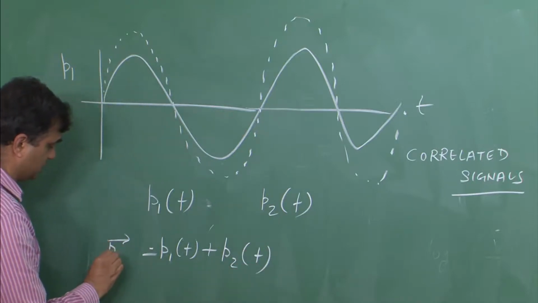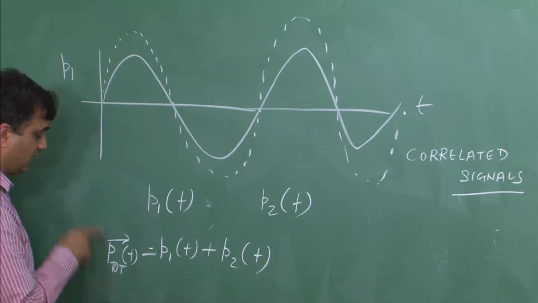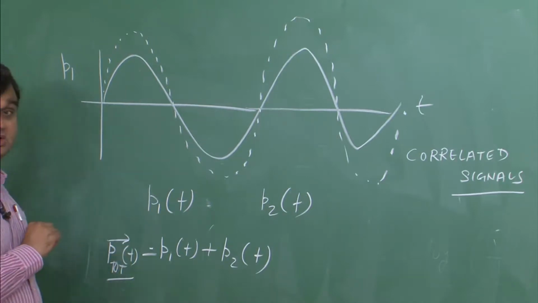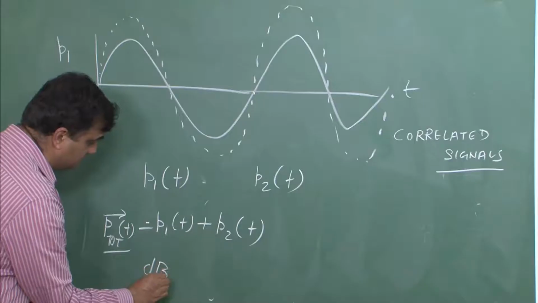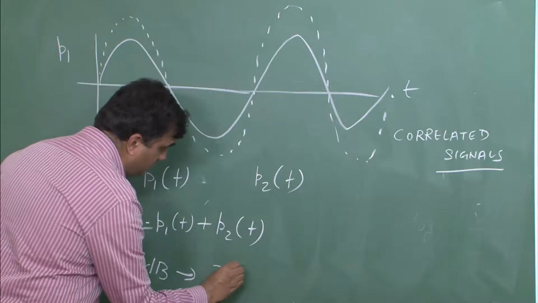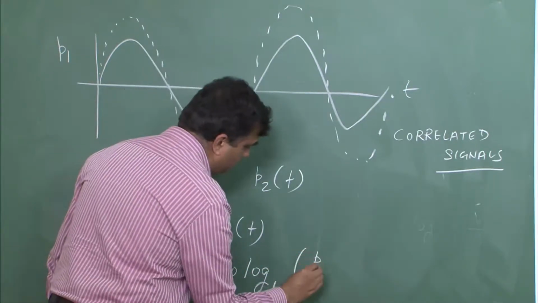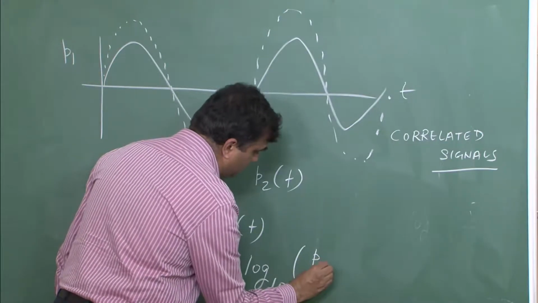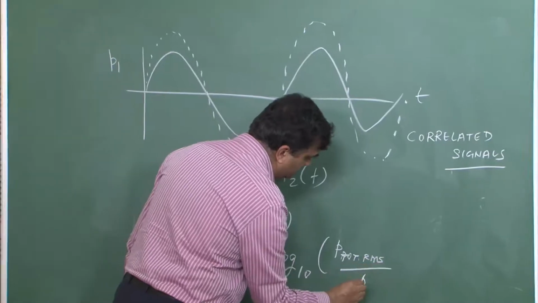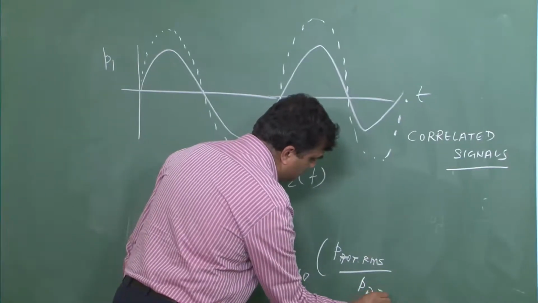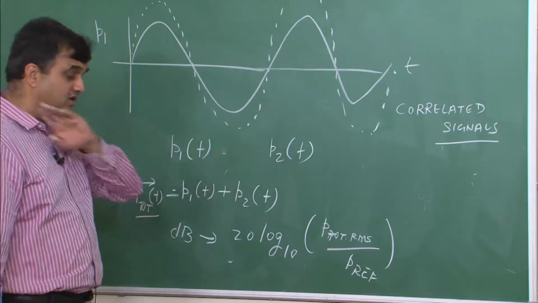That is my total pressure, and then I can take the RMS value of this signal, P total, and calculate decibels using the formula 20 log10 of P total RMS divided by P ref. Okay, so this is for correlated signals.